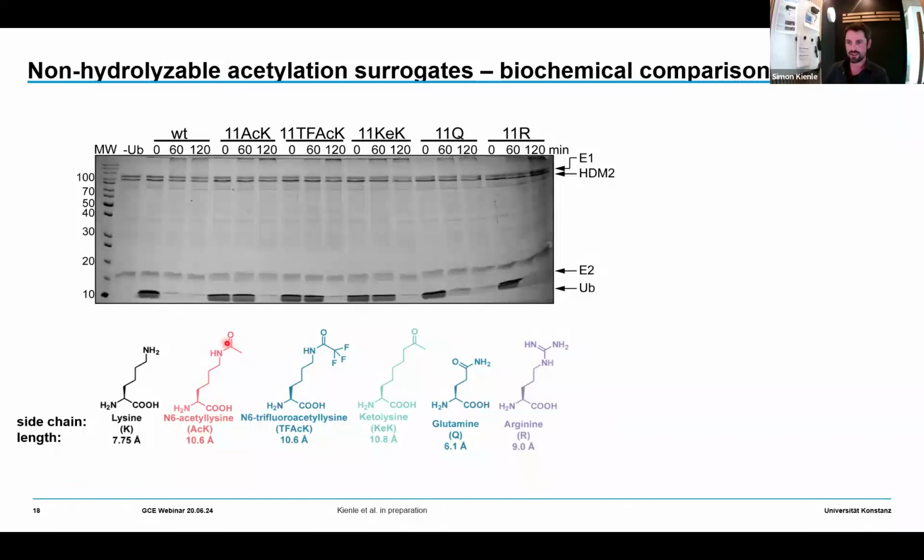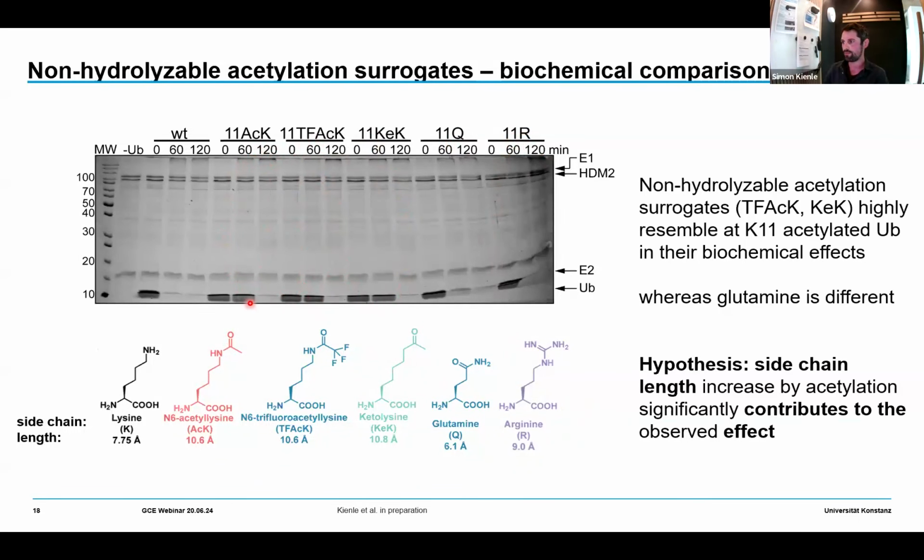And what you can see here is that only the non-hydrolyzable analogs are able to mimic the real acetylation in ubiquitin at that specific site. So only trifluoroacetyllysine and ketolysine resemble truly acetylated ubiquitin, whereas glutamine and arginine are somehow different.